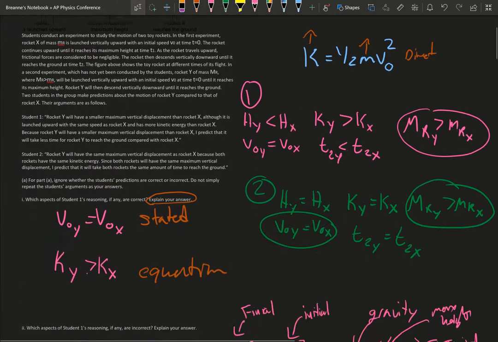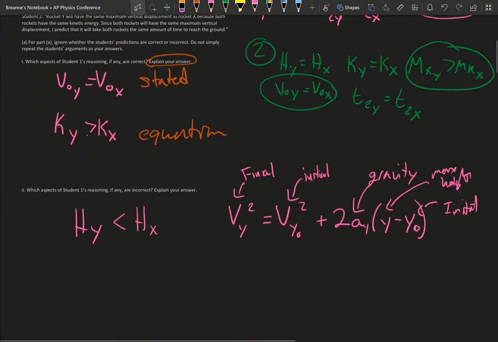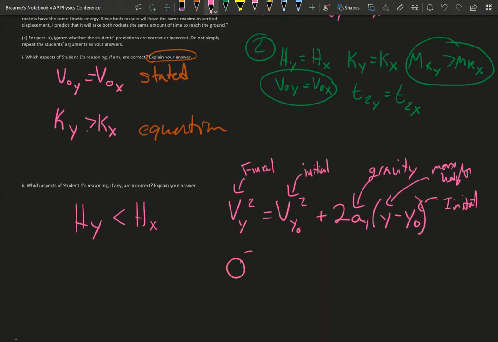So if we're just trying to get max height, your final velocity is just going to be 0. We stated that the initial velocity is the same for both, plus 2. They're both in gravity, so it'd just be g. And then we're looking for the maximum height, and they're both starting at a height of 0.